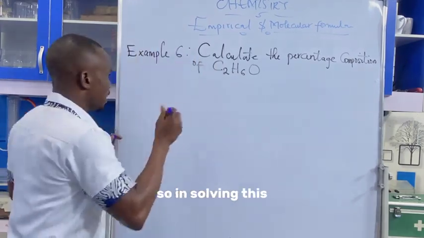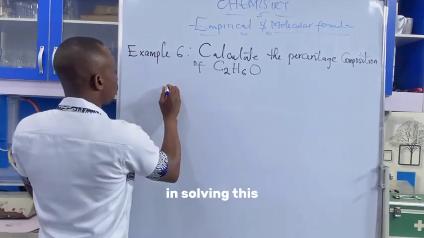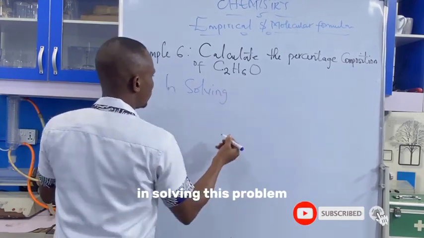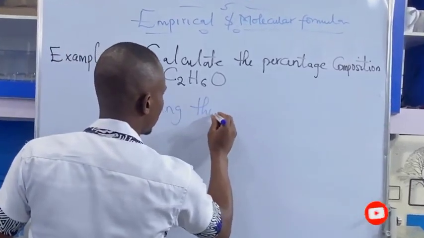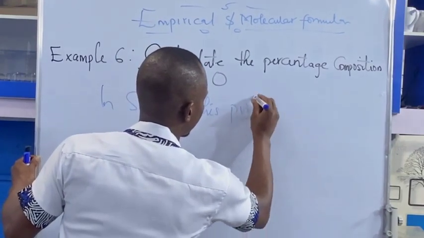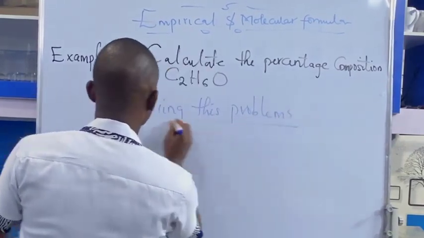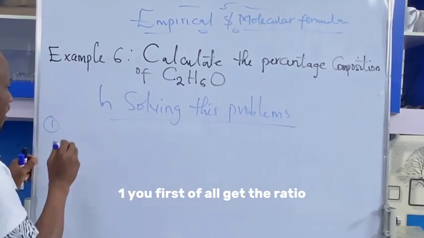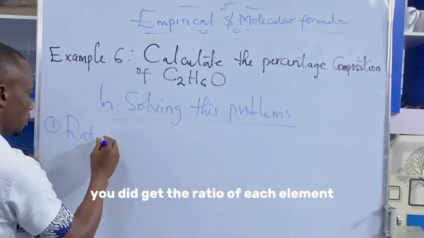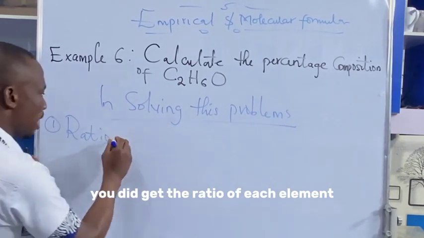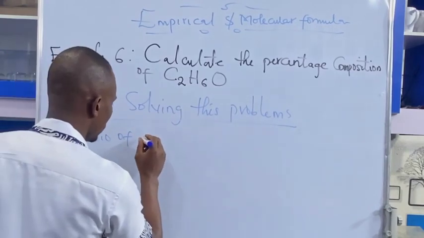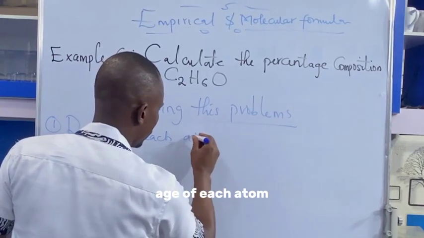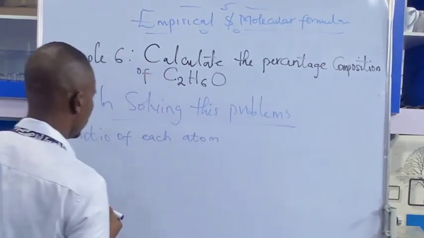So, in solving this problem, one, you first of all get the ratio of each atom involved.